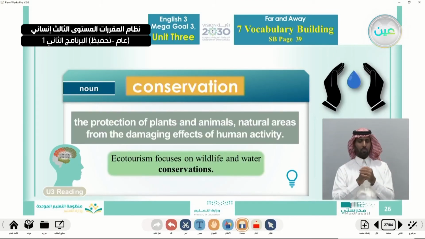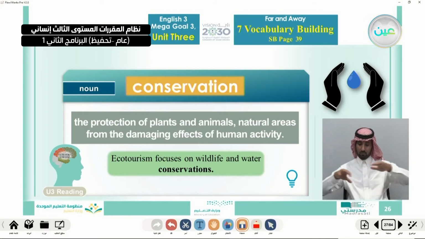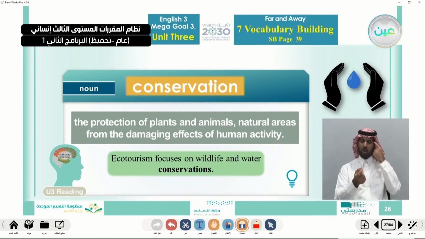Okay, conservation. What does conservation mean? Conservation means the protection of plants and animals and natural areas from the damaging effects of human activity. To protect the natural resources, we call it conservation. Look at this sentence here.